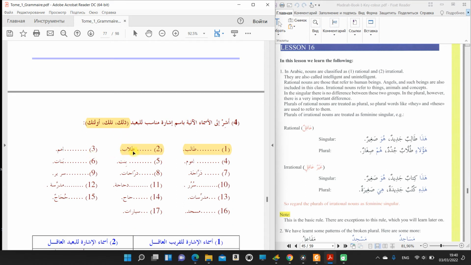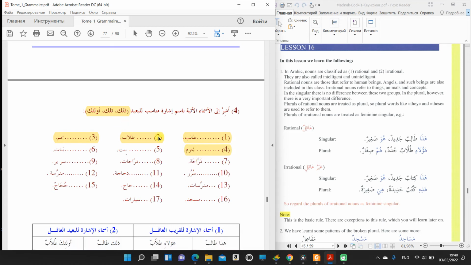And طلاب, they have intelligence, therefore we say أولئك, those are students. نجم means a star, therefore we say ذلك نجم. نجوم, it's plural, that's right, but it doesn't have intelligence, therefore we say تلك نجوم.